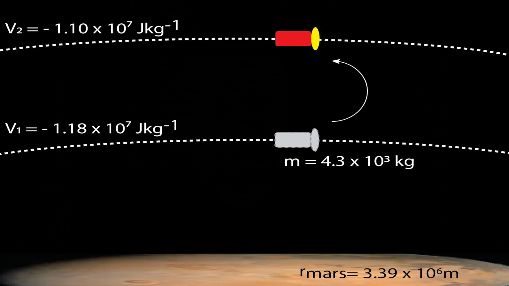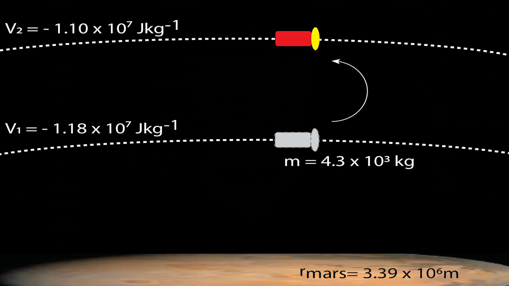Now, the mass of our vehicle is 4.3 times 10 to the 3 kilograms. So to find its potential energy at a given gravitational potential, just multiply the potential by the mass and you've got its gravitational potential energy. Remember, joules per kilogram times kilogram gives you joules.